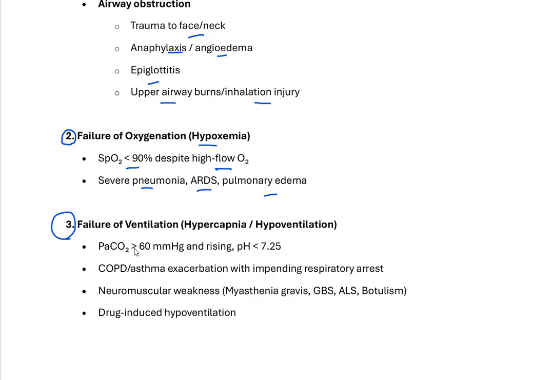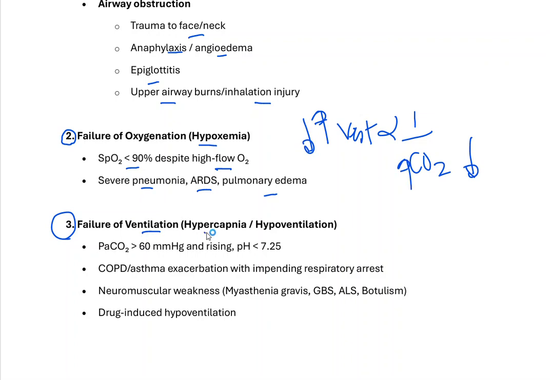Next is failure to ventilate. As we know, ventilation means getting rid of CO2, so ventilation is the term for CO2. That's why ventilation is inversely proportional to your CO2. If you increase ventilation, CO2 goes down, and if you decrease ventilation, CO2 goes up.